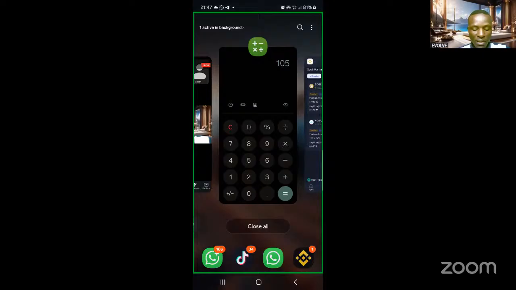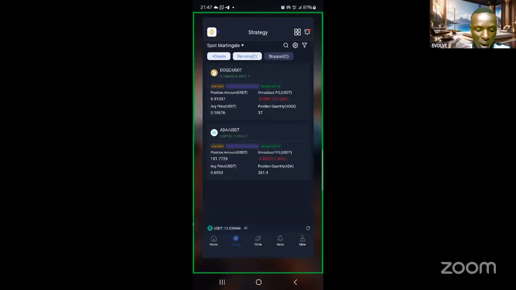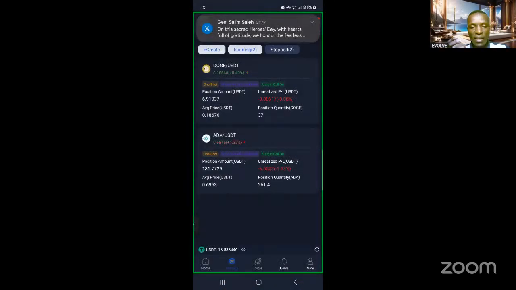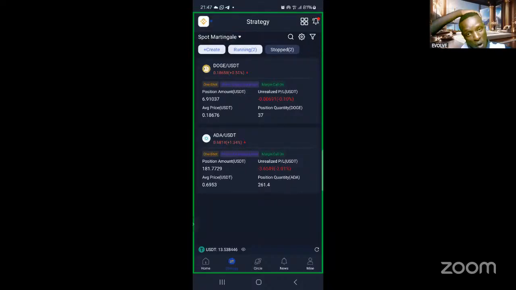We shall keep learning. We shall keep growing. So next class, I'll talk to you about how to measure the margin call drop, the potential drop of a coin, so that you know this coin is able to go down to -10, -20, so that you are not under-deploying or over-deploying your capital.